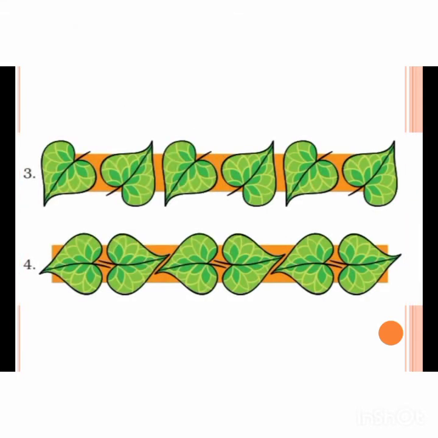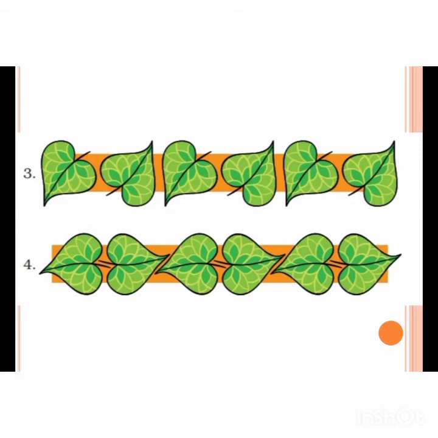Now, third example. In the third one, leaves are arranged in slanting manner. First is slanted in such a way that the tip of the leaf points downward direction of left hand side.